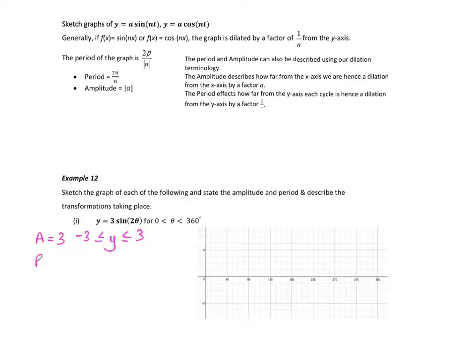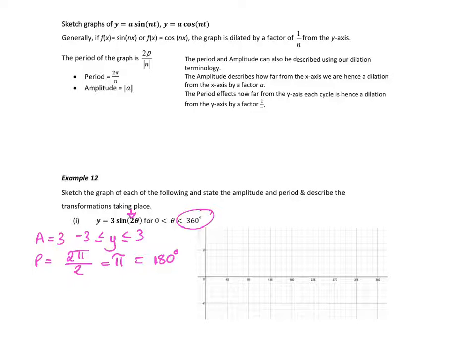What is the period of your graph here? Well, the period is 2 pi on n. What is your n value? Hopefully you can see that it's 2. So the period of this graph is pi, or 180 degrees. Now, because we're in degrees, therefore it would be 180 degrees. So it repeats itself every 180 degrees.